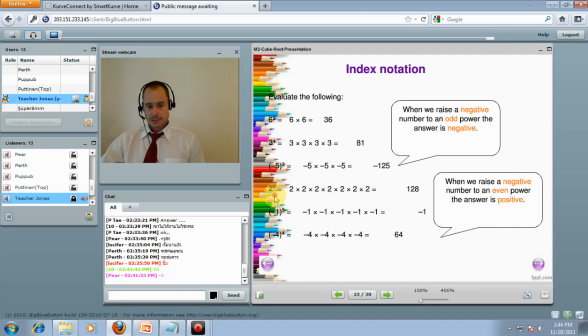This here is another example, and if you have a negative number, the same here, to an odd power, the answer is negative. But if you have a negative number and an even power, then the answer will be positive.